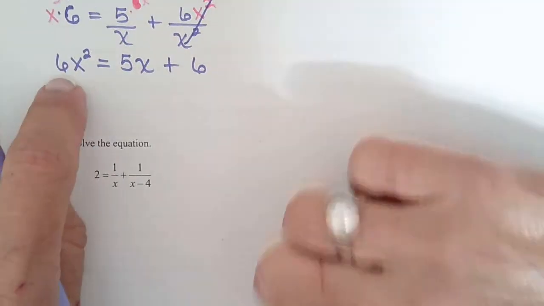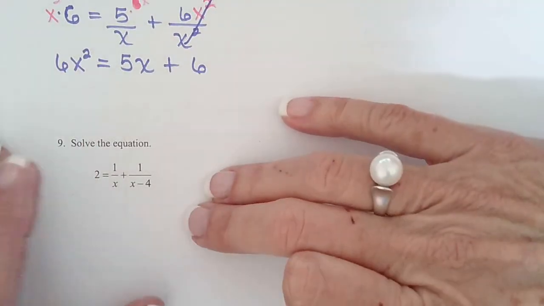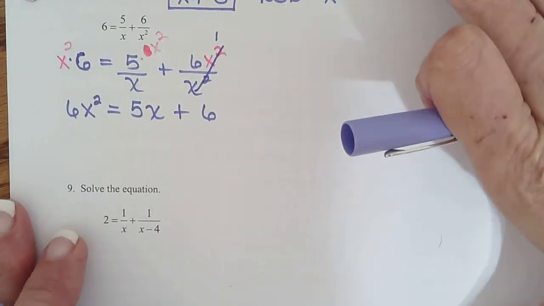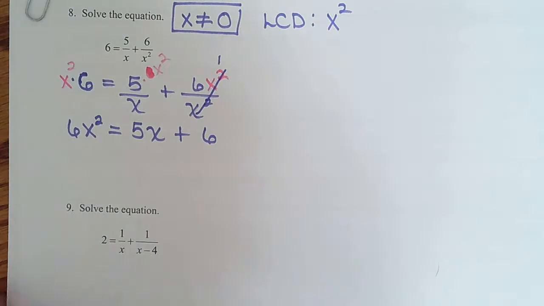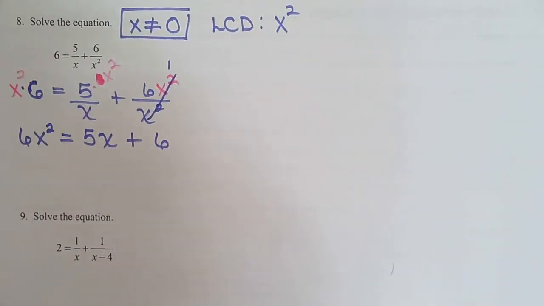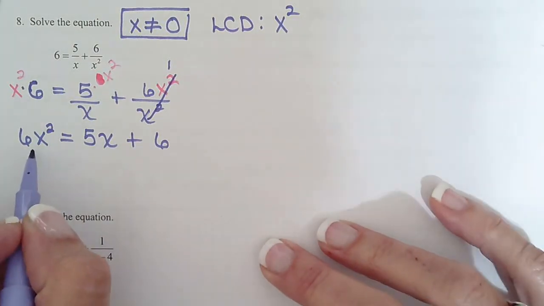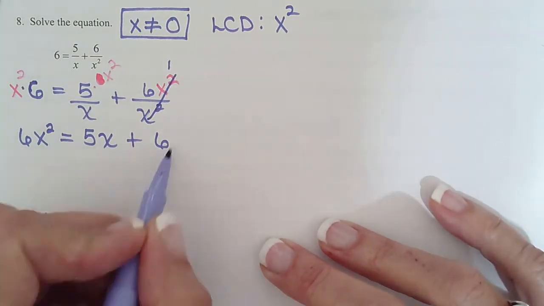So we know that we have to have it set equal to 0 before we can try to factor or use the quadratic formula. Either one requires it being set equal to 0. So let me move this over just a little bit so you can see everything. Okay. So that means we want to always keep our x squared term positive. So that means these two need to move over.